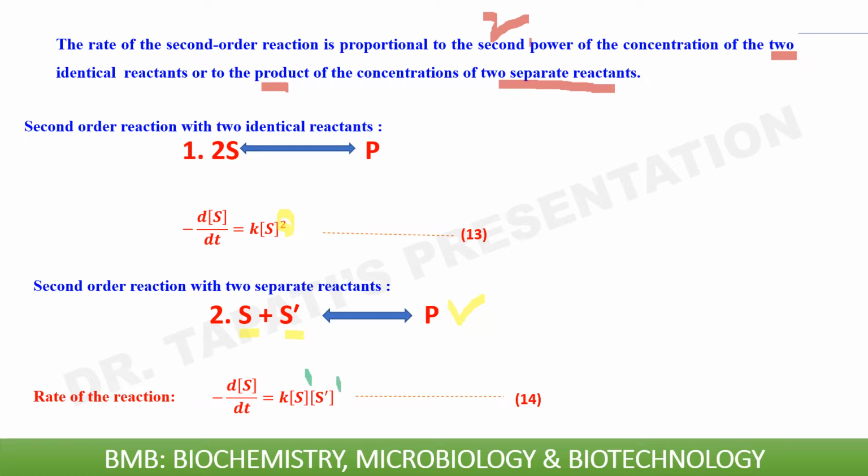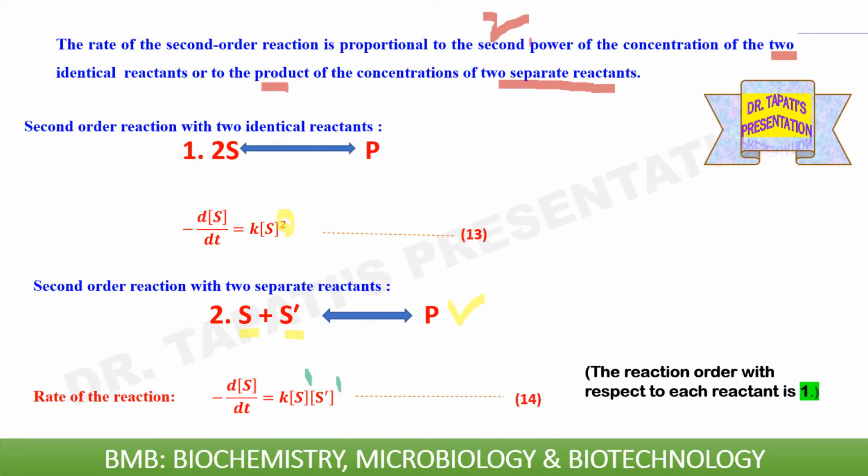So 1 plus 1, the total power will be 2, and therefore the order of the reaction is 2. Whereas if you compare individually, the reaction order with respect to each reactant is 1.